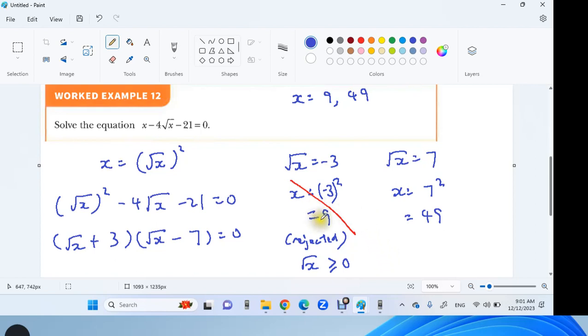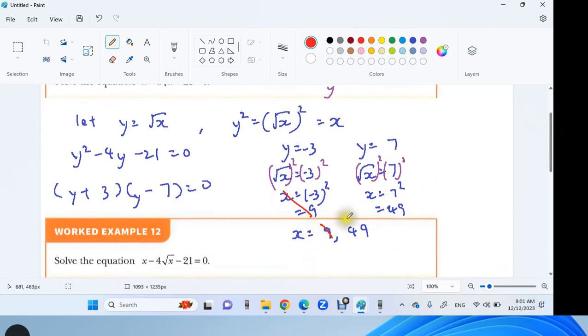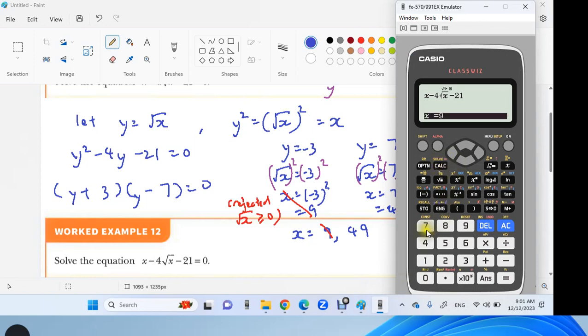So the 9 is actually not a solution for this. As well as this part, I have to reject it, because the square root x must be greater than or equal to 0. Okay, so I substitute with 7.